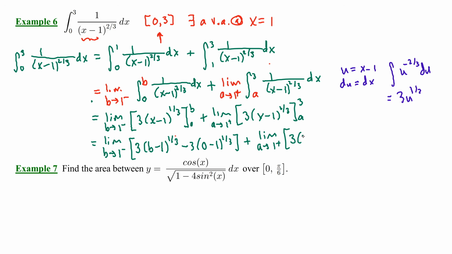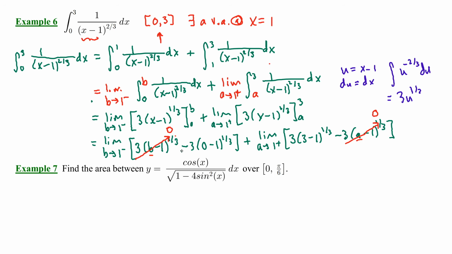Our upper limit is 3 this time, and our lower limit is a. Starting with our first term, as b approaches 1 from the left, this expression will go to 0. And similarly, as a approaches 1 from the right, this expression also goes to 0.